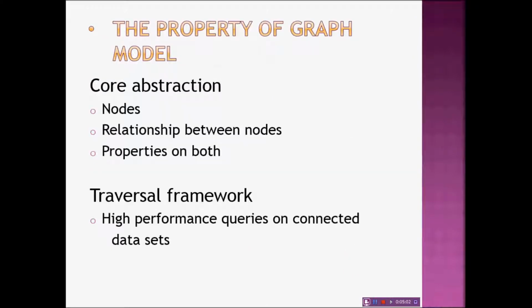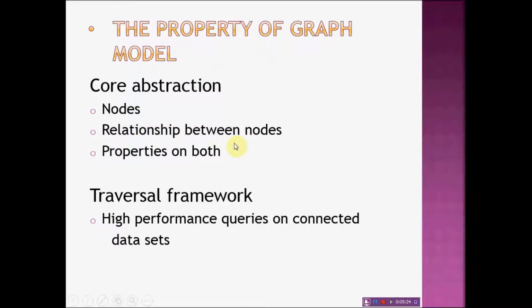The properties of the graph model. First, core abstraction. Core abstraction has nodes, relationships between nodes and properties on both. Nodes are commonly connected to each other by using links or edges.